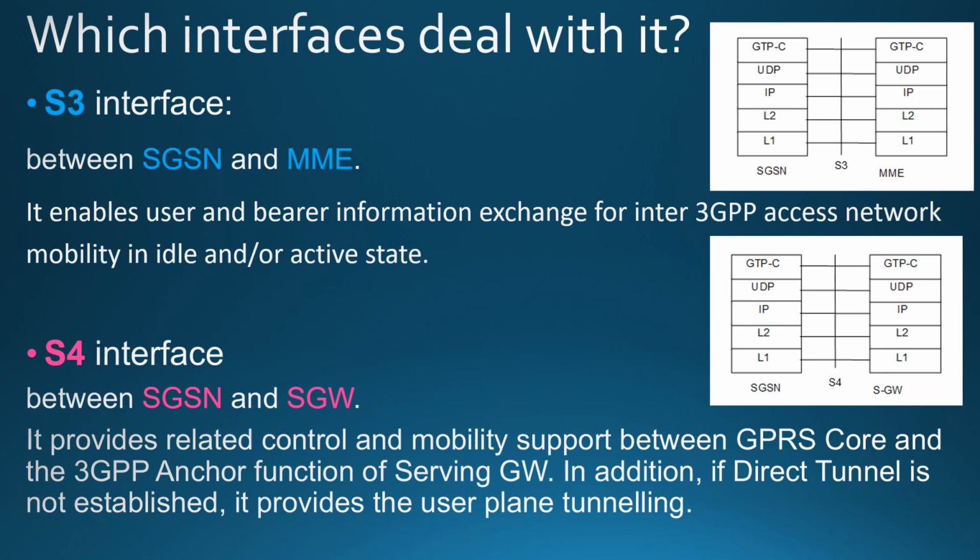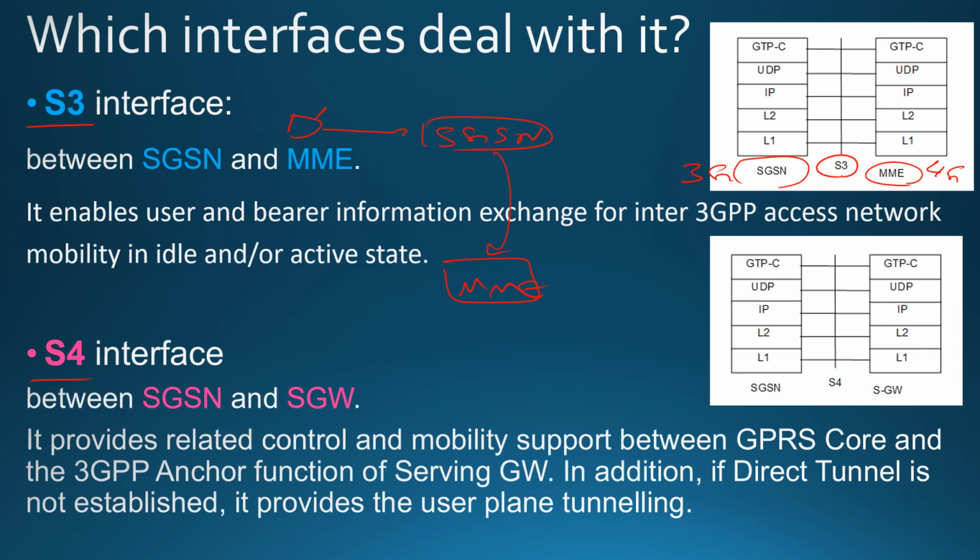What are the S3 and S4 interfaces? As you can see, SGSN from the 3G network, when it wants to connect to the MME in the 4G network, uses the S3 interface. What does it mean? For example, you have a mobile and want to send your data to the SGSN, but it can connect to the MME to verify whether you are reliable or not.